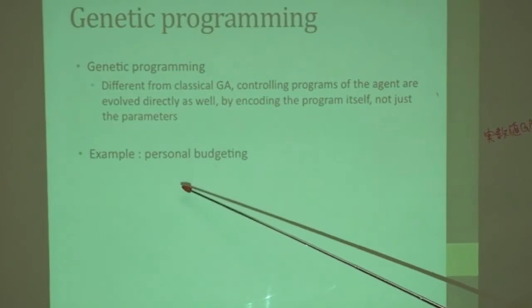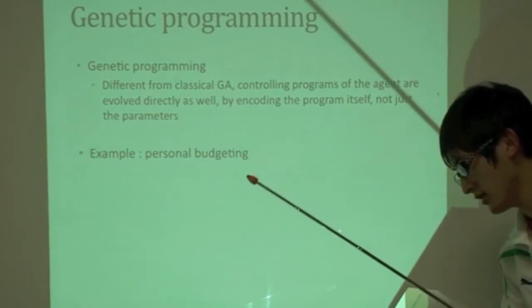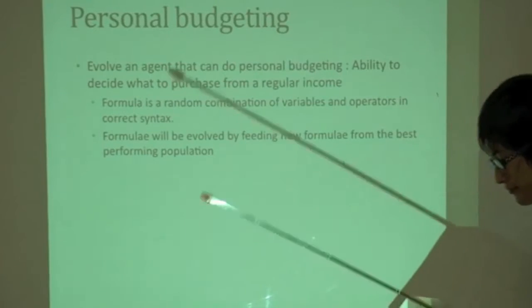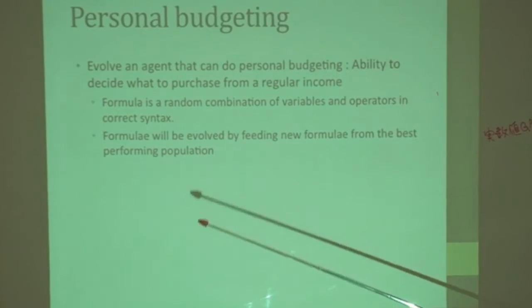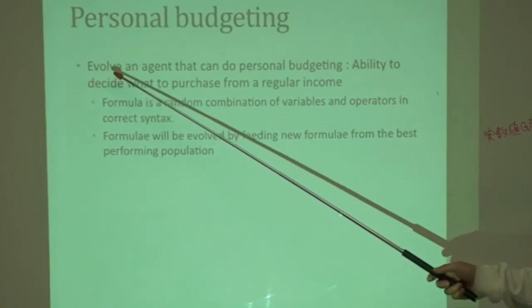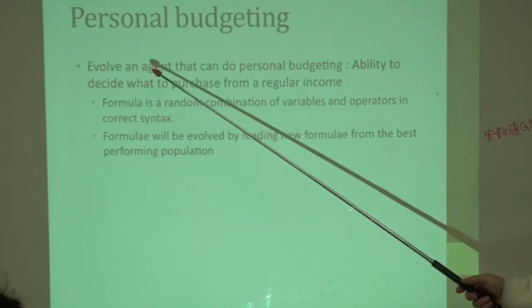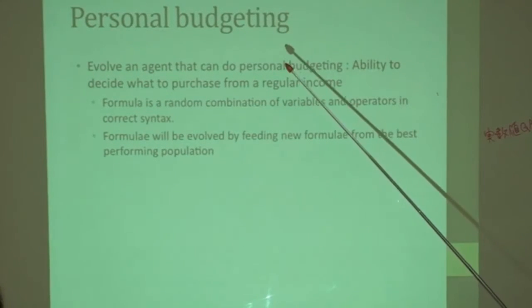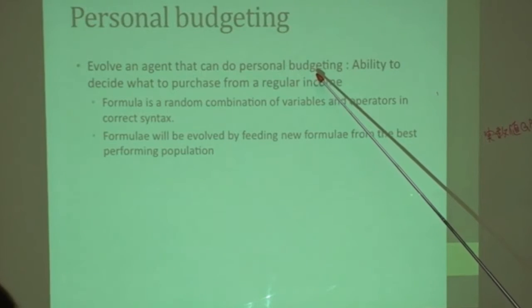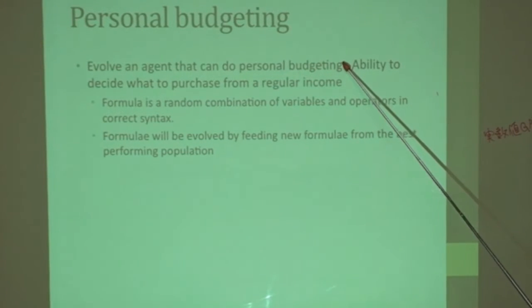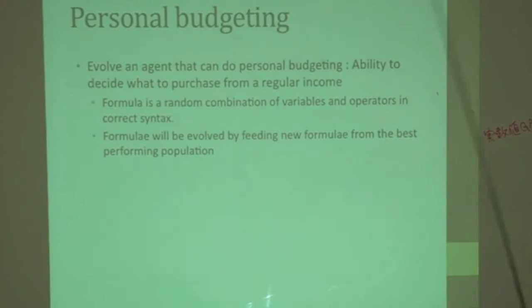And personal budgeting is an example: evolving an agent that can do personal budgeting, the ability to decide what to purchase from a regular income.